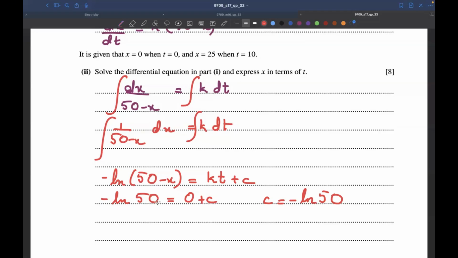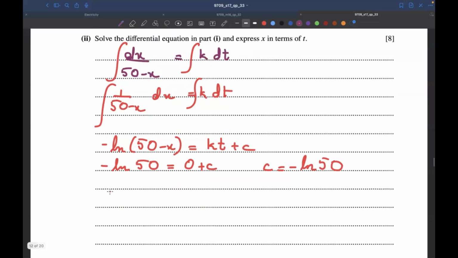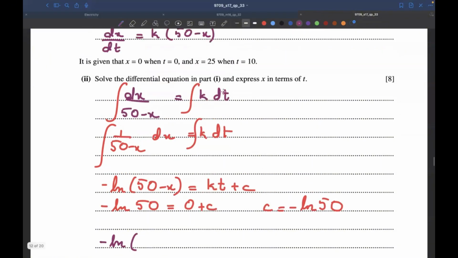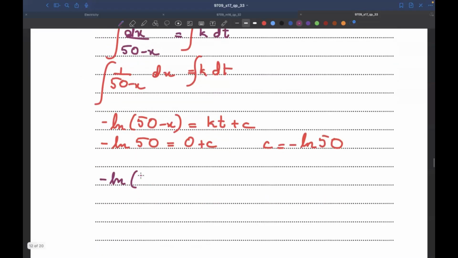So in the same equation, we'll write minus ln of 50 minus x, and we can't take t as 0 as this will become 0 as well. So we'll have to take x 25 and t 10. So 50 minus 25, that will become 25, is equals to 10k minus ln of 50.